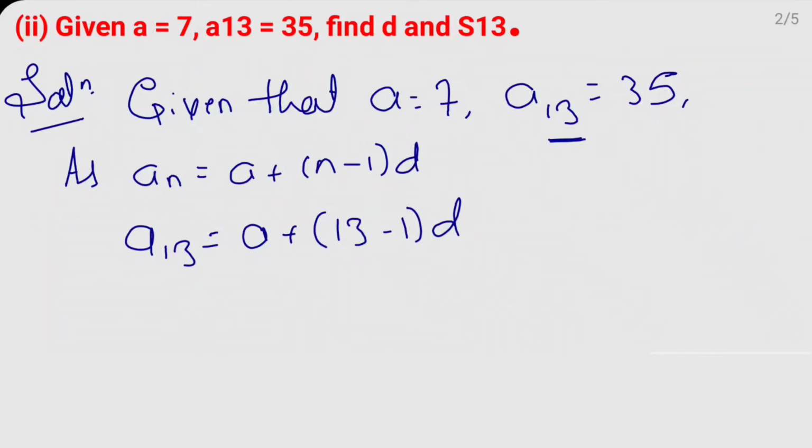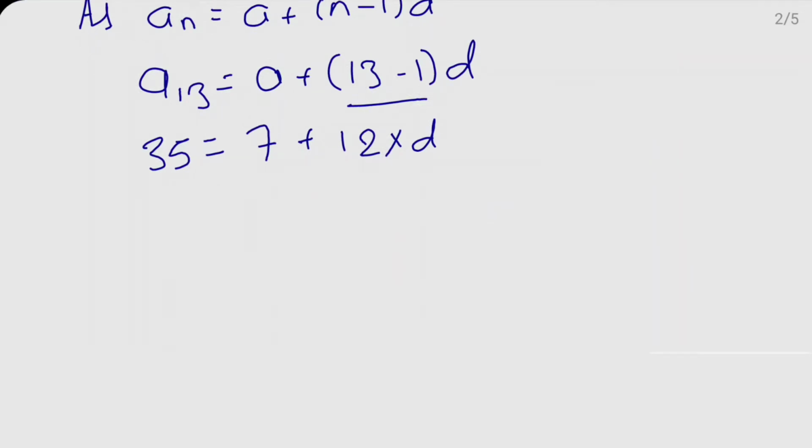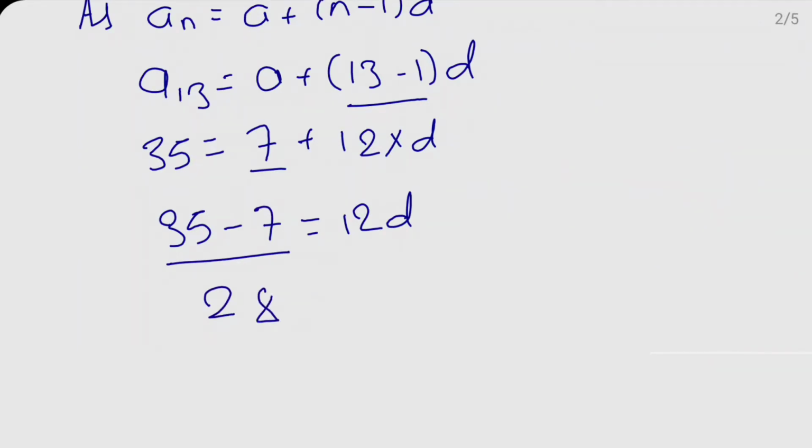So a13 is 35 and this equal to a is 7 plus, so 13 minus 1 is 12 into d as it is. So now here 35 as it is. This 7 comes in LHS side, it becomes a minus 7, and this equal to 12d as it is. So 35 minus 7 is 28, and this equal to 12d.